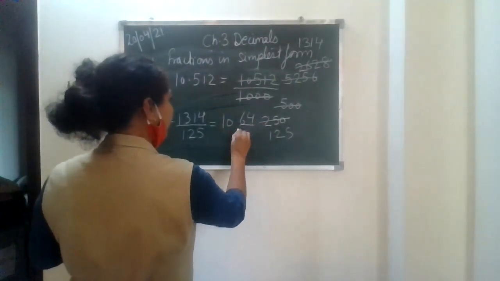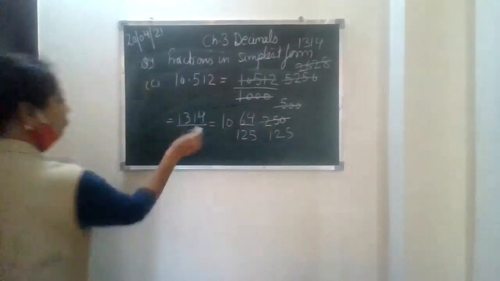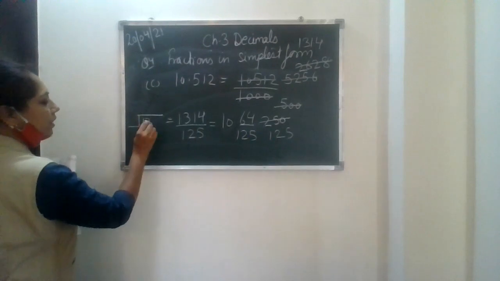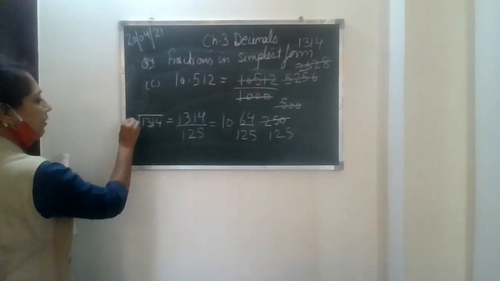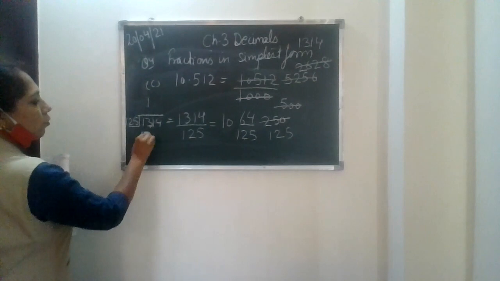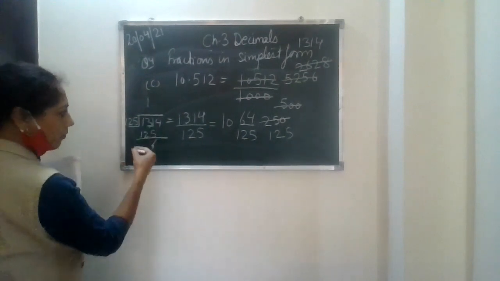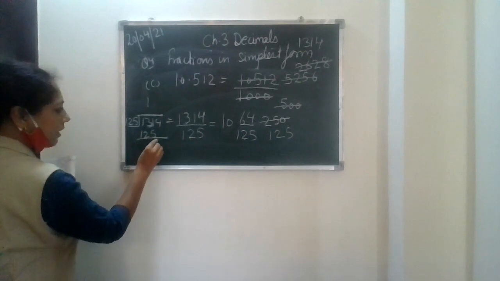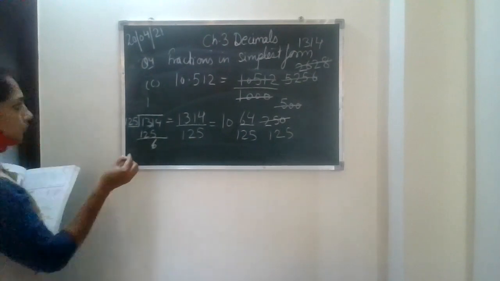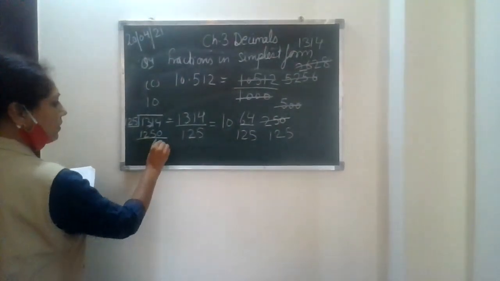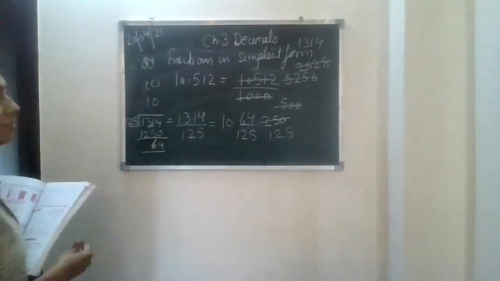If you do it with a mixed form, you will get the answer as 10 and 64 upon 125. And the rough work involved for this is, if you divide 1314 by 125, you will get 10, and subtracting from 1314 you get the remainder 64.